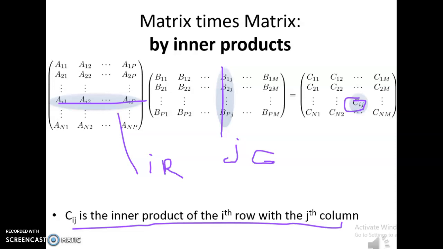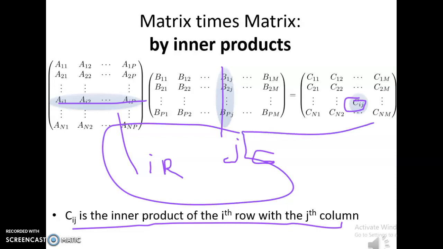This is the ith row, the jth column, and then we get the result.